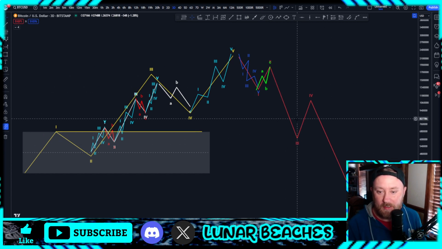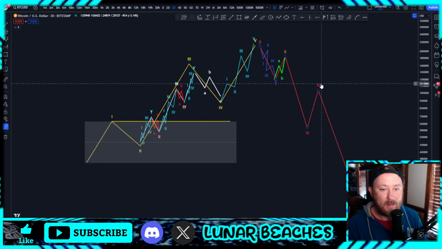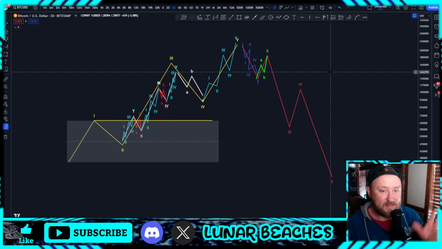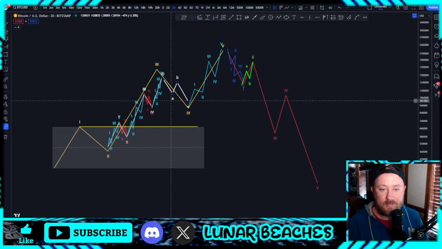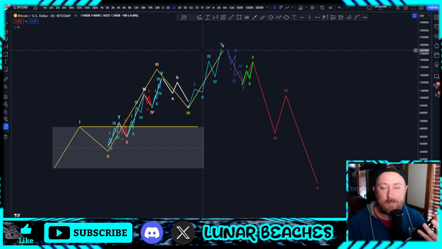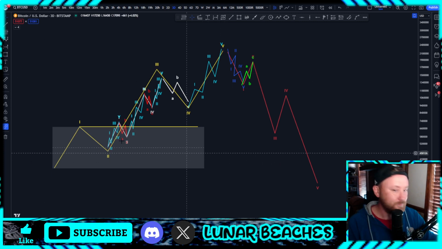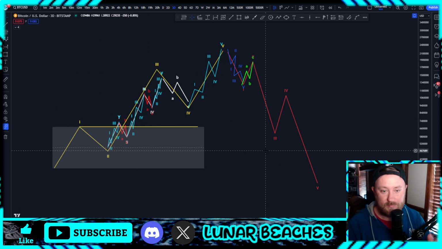Another 5 waves here, another ABC, and then another 5 waves to the downside. So that's the basics of Elliott wave theory: these waves, these cycles within the markets. It's just counting the waves, and knowing how to count these waves properly is the main thing.